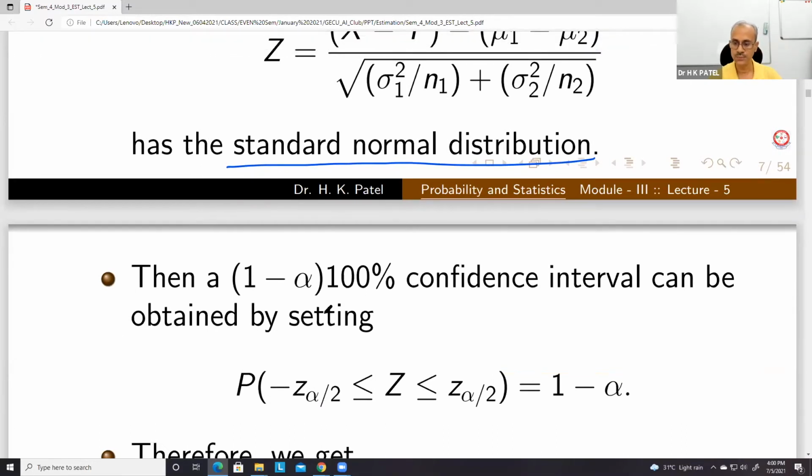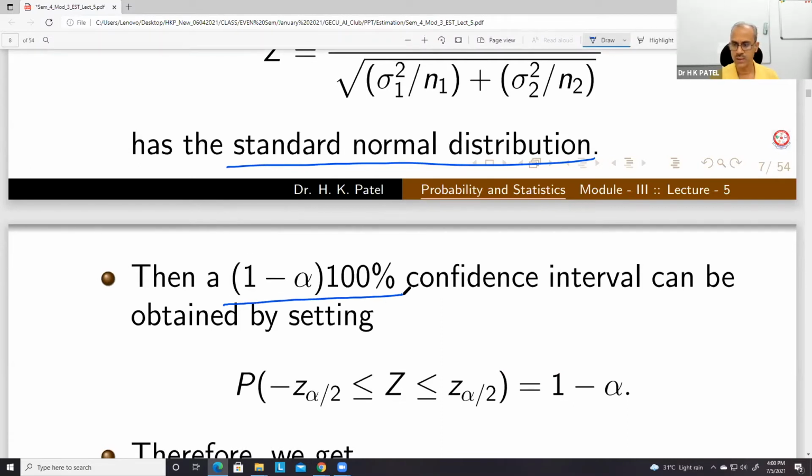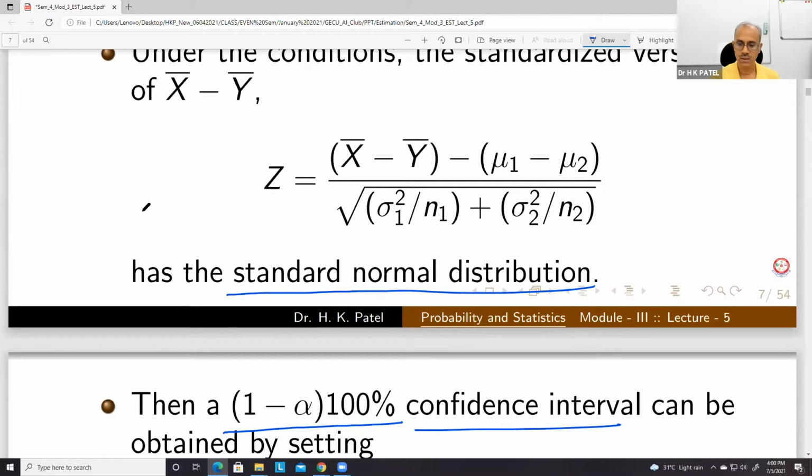So naturally, if you want to find the 1 minus alpha into 100% confidence interval, then what we want actually is to have a probability. This we have already seen.